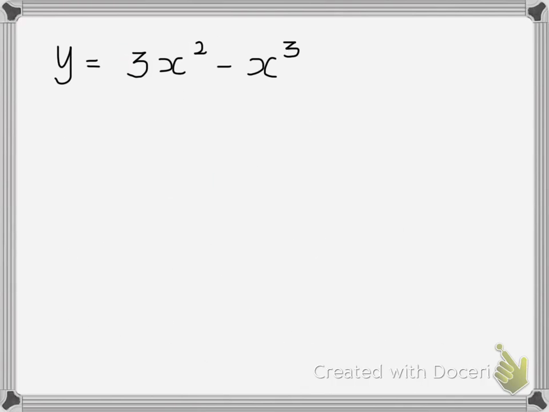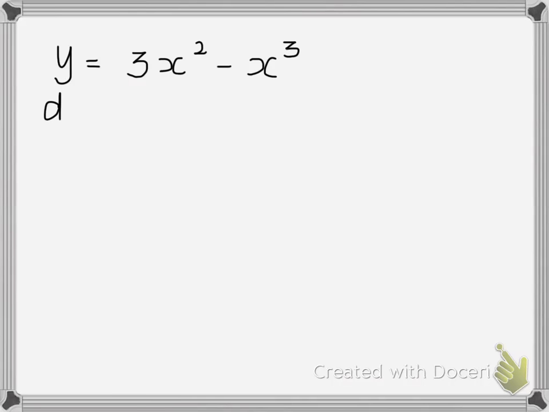Let's try another example. Let's say you have another function, y equals 3x squared minus x cubed. We are going to evaluate whether or not there are turning points, and how many there are. The first step is to do dy dx.